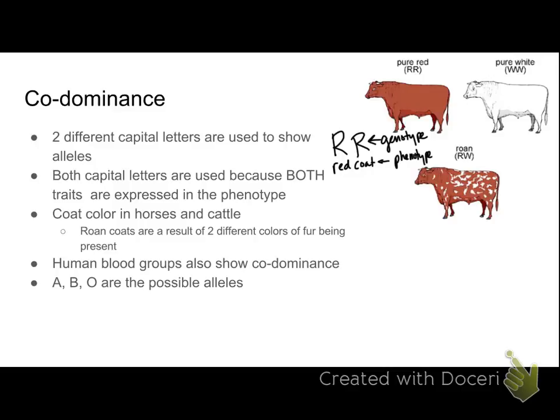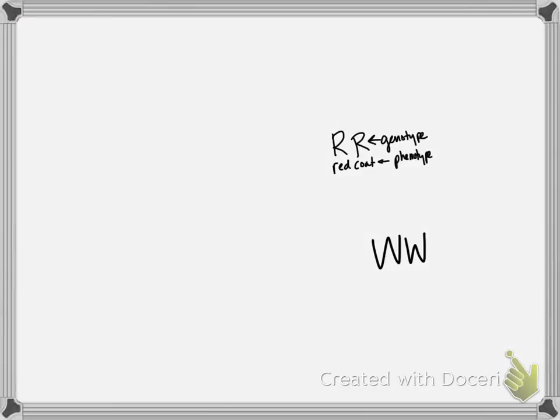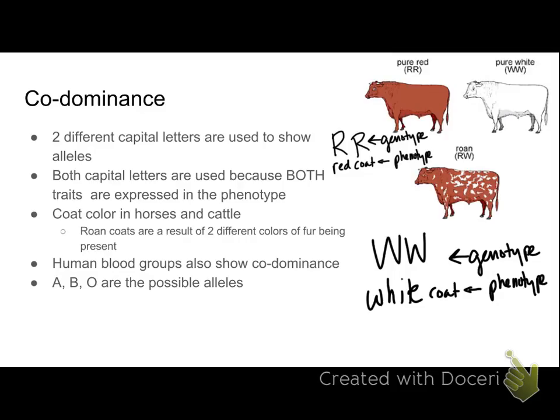So we have this red, big R genotype, which gives you a red coat. Well, we can also have big W genotype, and that will give you a white coat phenotype.